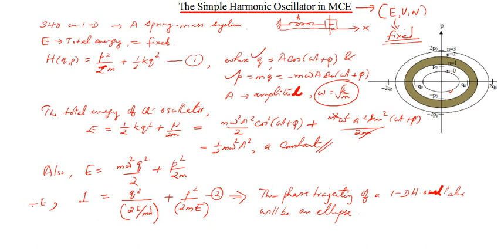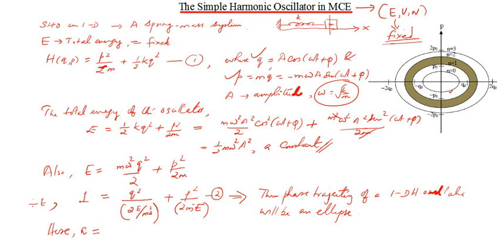The ellipse has a semi-major axis and a semi-minor axis. Let's call the semi-major axis A, from x square by a square plus y square by b square equal to 1, which is a form of equation number 2. So what is the semi-major axis here?